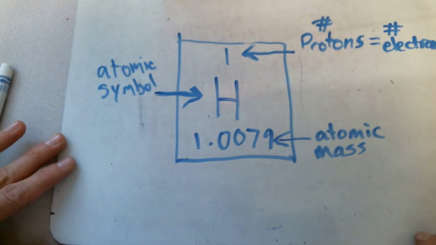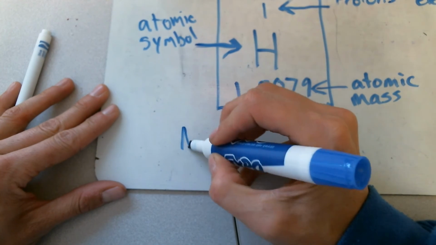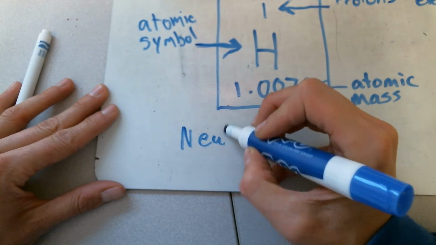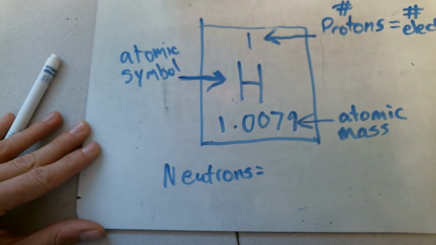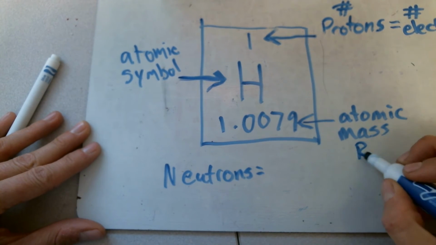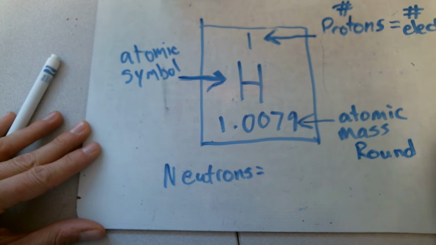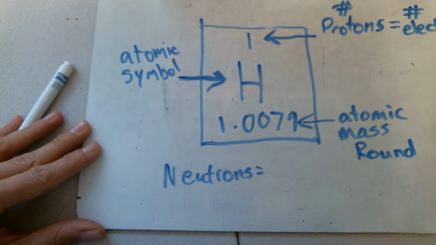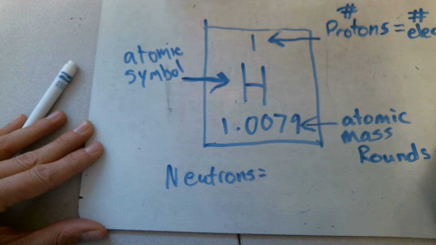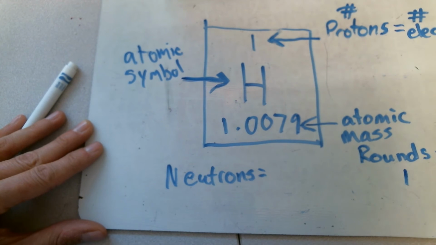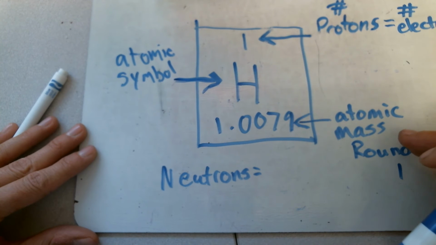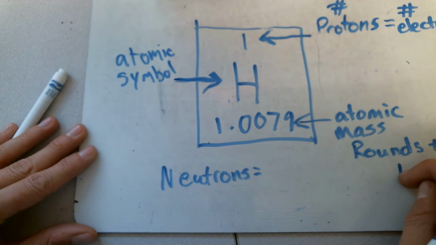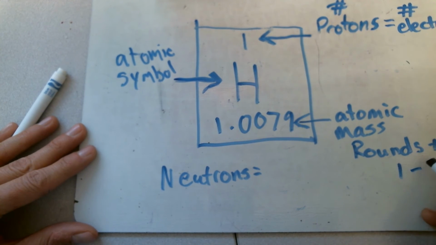Now, to find the number of neutrons, what you need to do is you need to round the atomic mass. So in hydrogen, this 1.0079 rounds to 1, right? So since the atomic mass is the protons plus the neutrons, if we want to know how many neutrons there are, we would just say 1 minus 1.